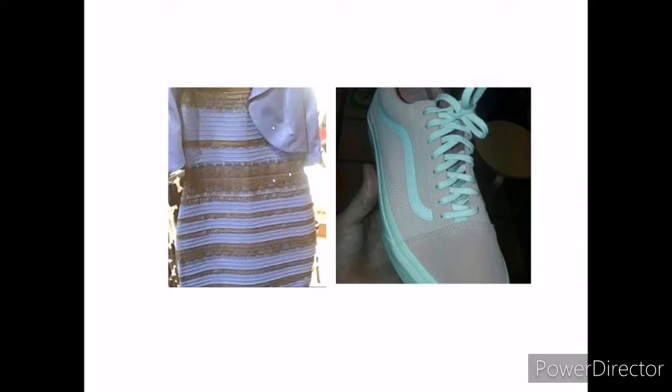Many of us would have come across this image. For me, the first one looks white and gold, and here it is gray and green. For some, it may look black and blue, and here it looks pink. They said it was because of right and left brain dominance.